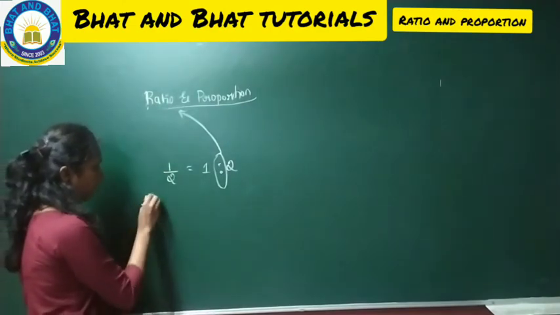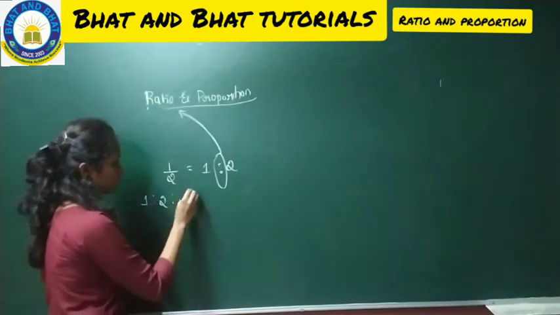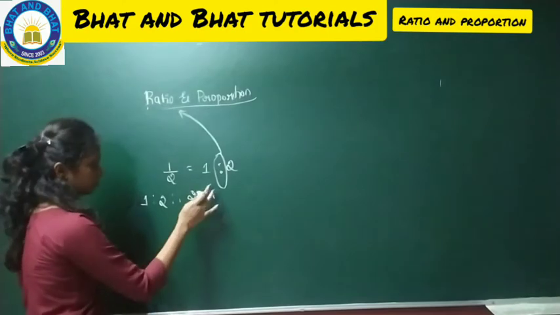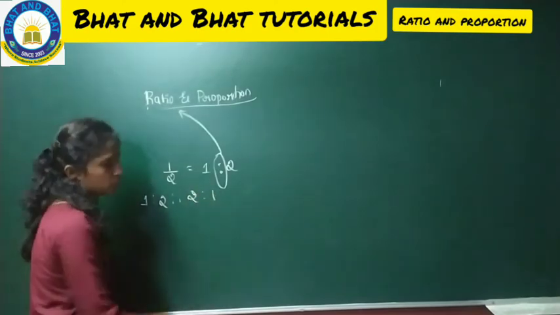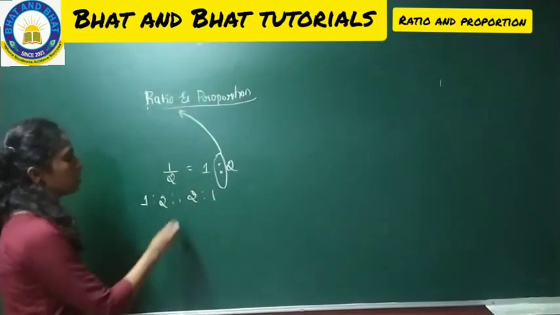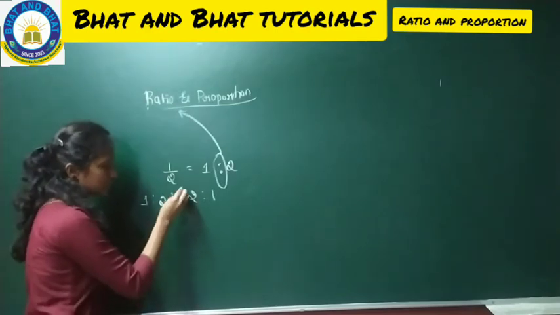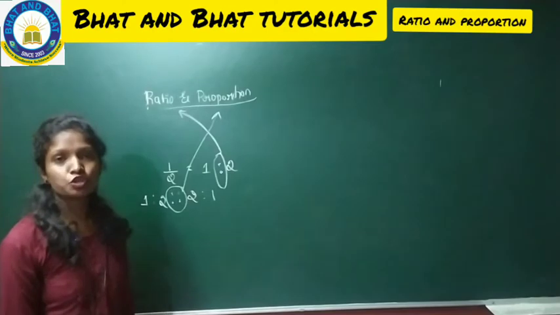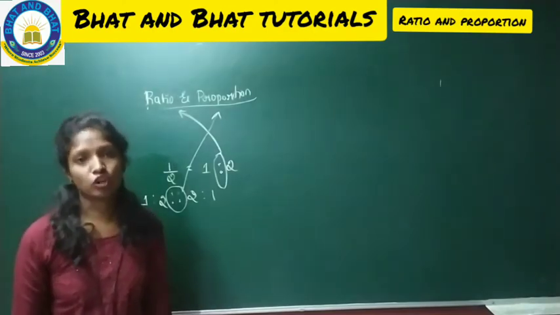If I write 1:2, its reverse is 2:1. Just an example I am telling. If I use this symbol, this is called a proportion. Ratio and proportion are dependent on each other.